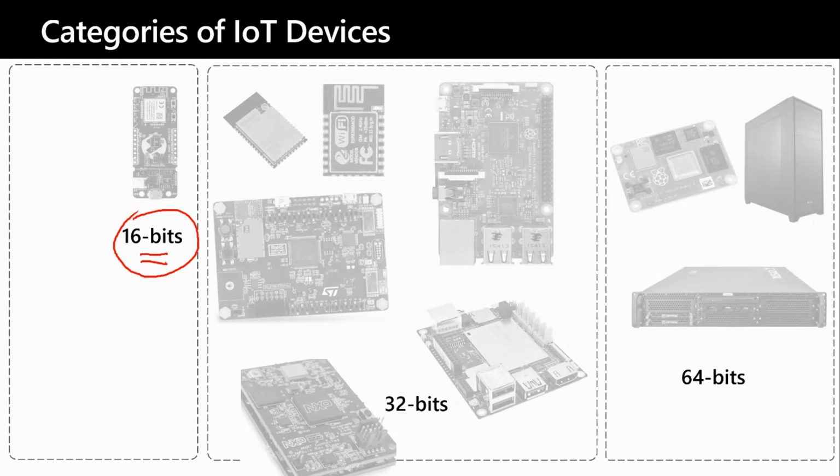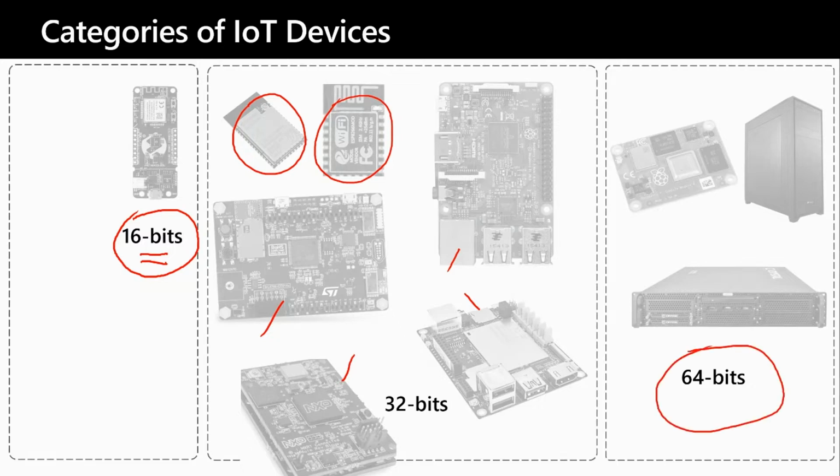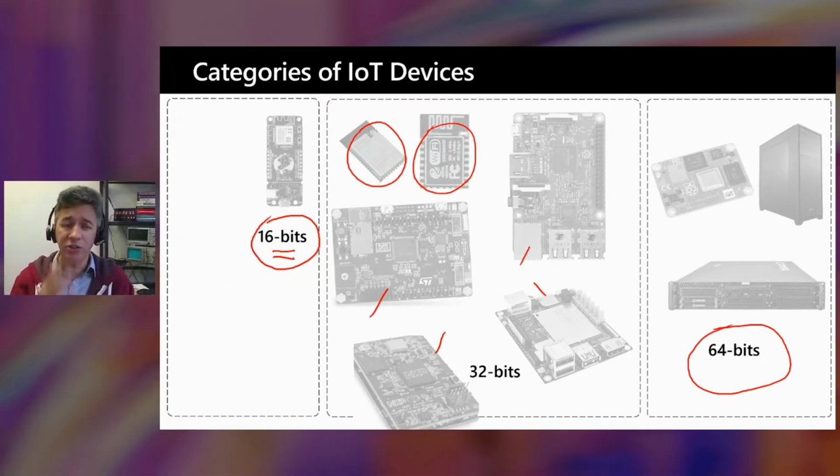And here we have a distinction between a bunch of microcontroller-based ones like the ESP32, ESP8266, some STM32, the NXP, going also again to the Raspberry Pi and the Latte Pandas, and then going all the way up to the 64-bit computers. So looking at their architecture could be a way to categorize these devices.